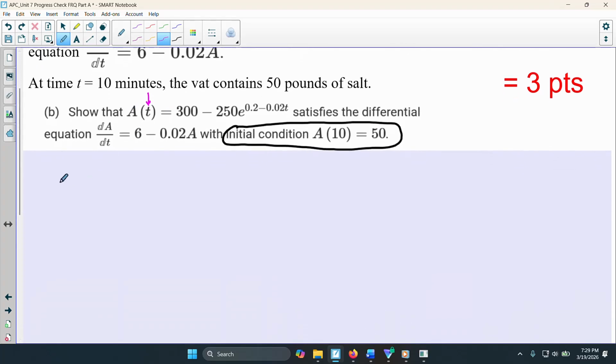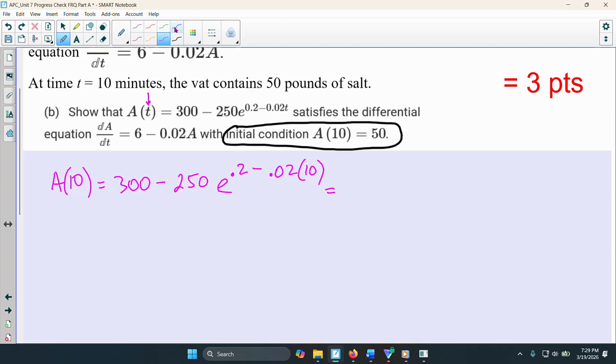So A of 10 will be 300 minus 250 e to the 0.2 minus 0.02 times 10, right? Let's be careful not to lose anything here. Let's simplify that.